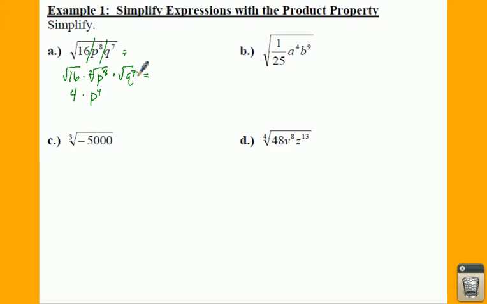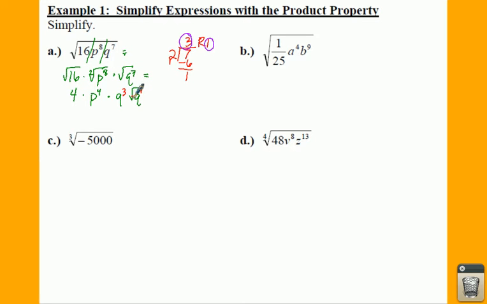Now we run into an issue because 7 divided by 2 is not a pretty number. Well, 2 goes in there 3 times, minus 6, gives you a remainder of 1. What this 3 and this 1 represent are your exponents. You're going to have a q to the 3rd on the outside, and then a remainder, which is a 1, underneath the radical.